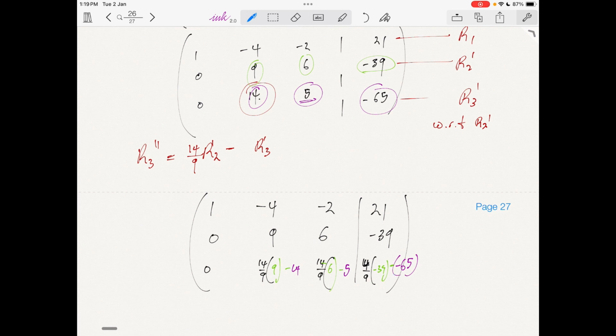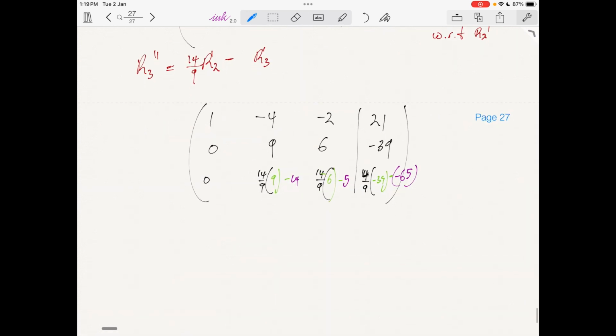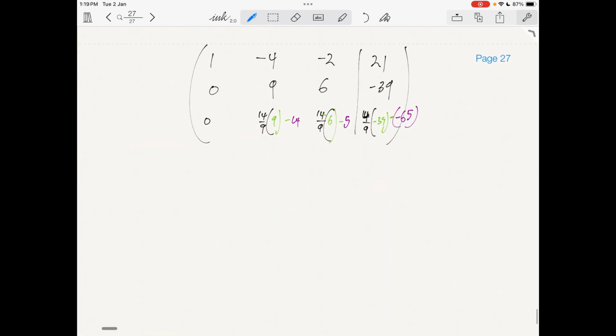So now, having done that, we will have our final answer to give us 1, minus 4, minus 2, 21; 0, 9, 6, minus 39; and 0, 0, minus 4.33, minus 4.33.